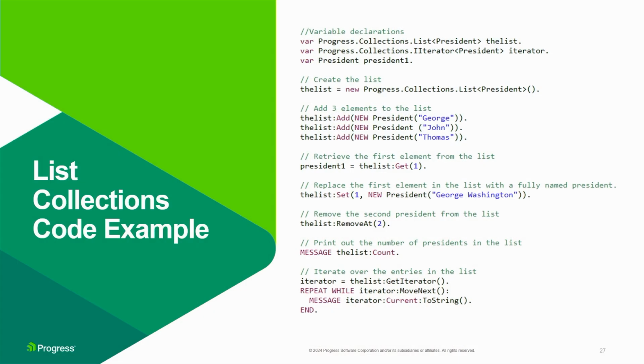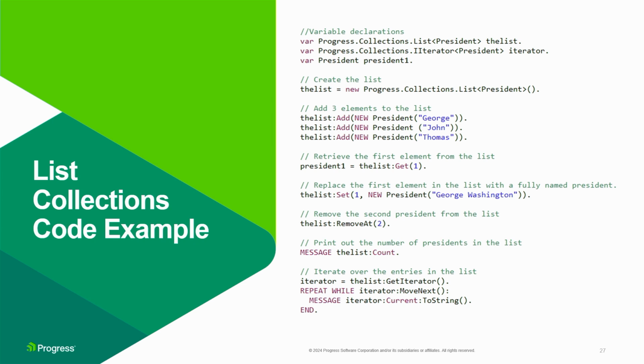The next line, we're replacing the first element in the list with a fully named president. So again, just using the list's set method, passing in an index of 1, and then replacing the object's name with George Washington. And then next line, we're removing the second president from the list using the remove at method.